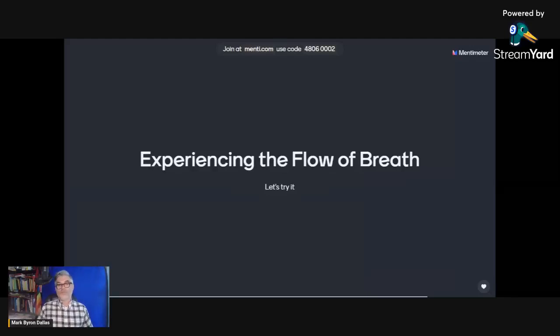Okay, so here are some questions for you to reflect on. Think about what you might engage to change the breath port of entry. If you didn't use your index finger and thumb to block off the nose, then what did you use in order to bring in the breath just through the mouth?